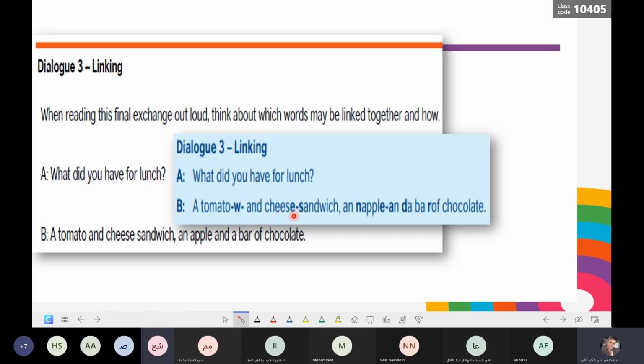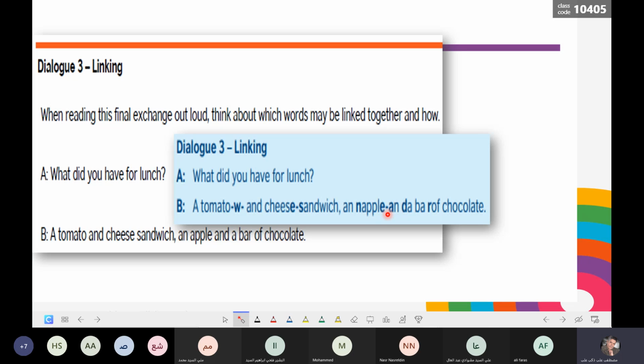And in the words cheese sandwich, we have the z sound with the s sound. So we don't pronounce the two; they become one: cheese sandwich. An apple. This is called linking, and an apple is another linking here.